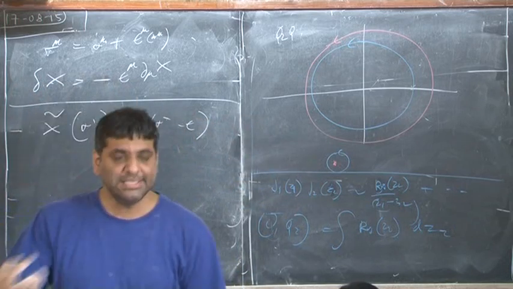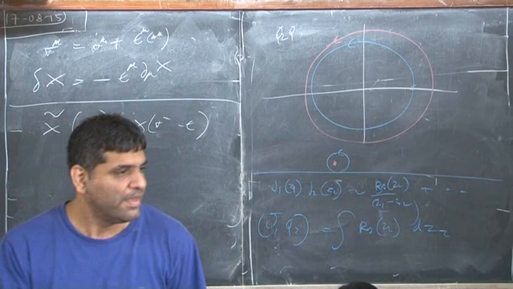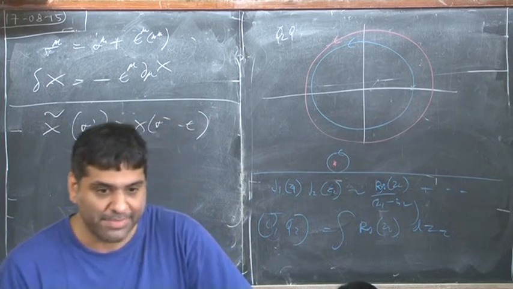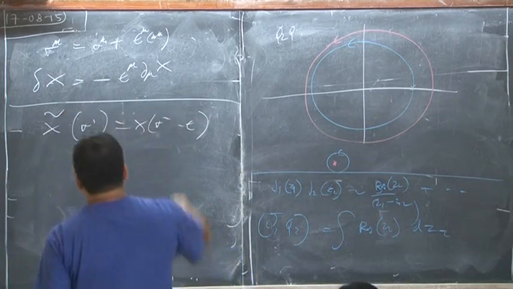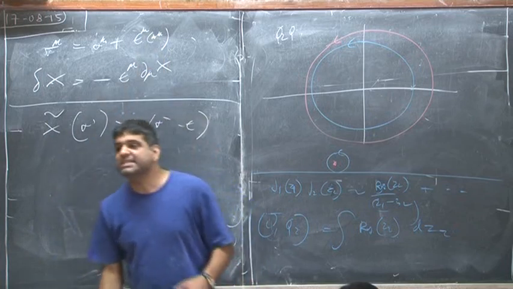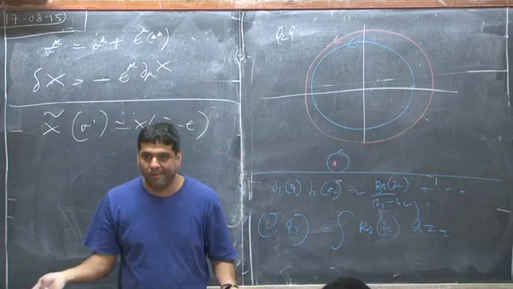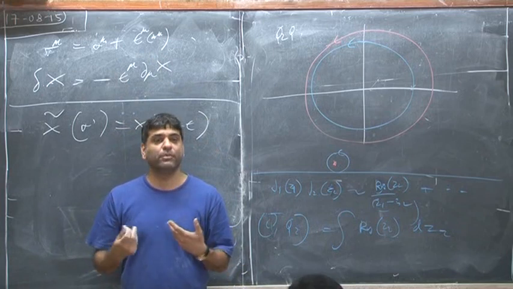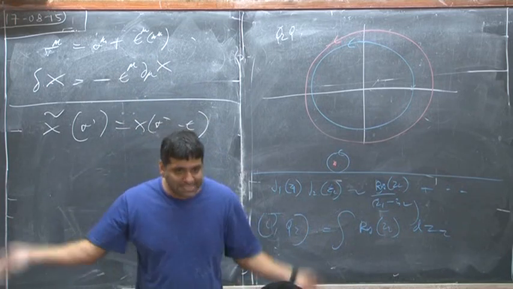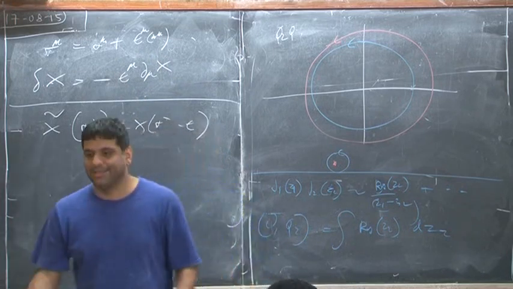So this is the symmetry transformation under which, for general epsilon of mu, this is not a symmetry of the theory. However, for epsilon of mu equals constant, this is a symmetry of the theory because our action is translation invariant.